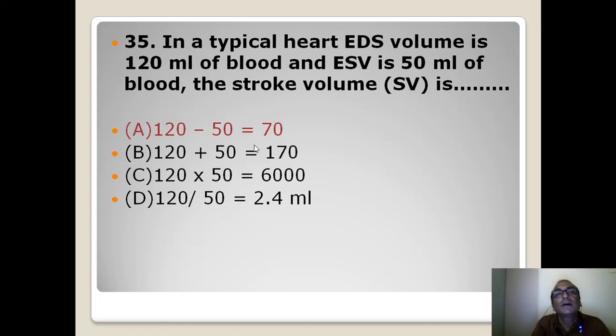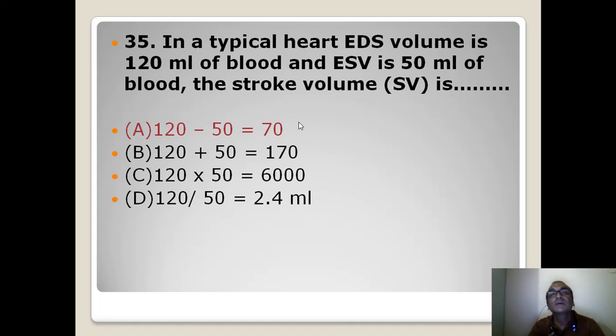Even if you don't know this equation, you can logically come to the right answer by knowing the value of the stroke volume. We know that the standard value of the stroke volume is 70 ml, right? To calculate the cardiac output, we multiply stroke volume by the heart rate, or number of heartbeats per minute.